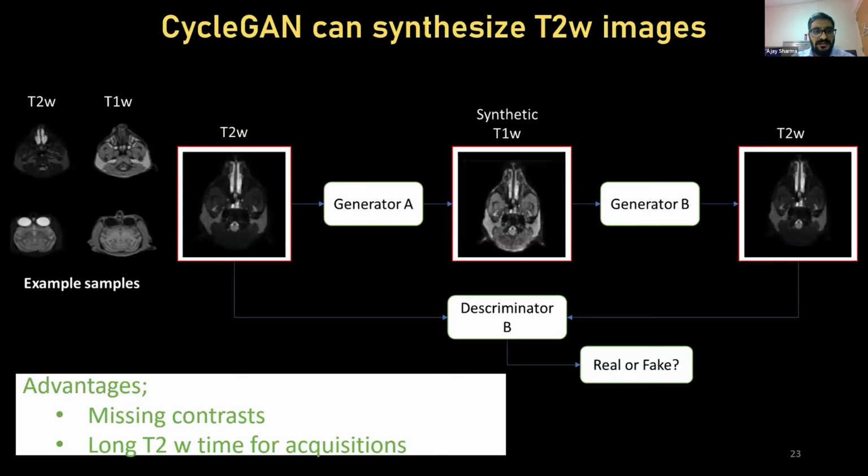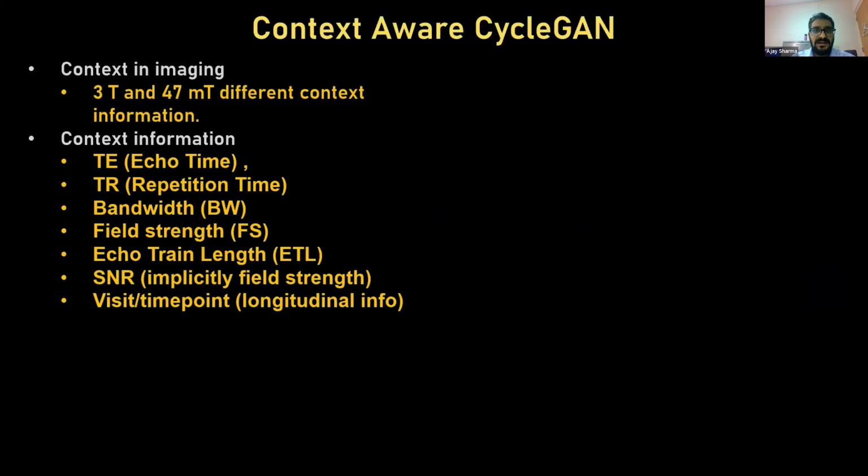The advantage for us is that we can detect the missing contrast. If any T2 is missing, we can synthesize it, and since T2 weighted scanning takes a long time compared to T1 weighted, we can convert from T1 to T2 weighted. These are the advantages. So we provided an approach, a context aware CycleGAN.